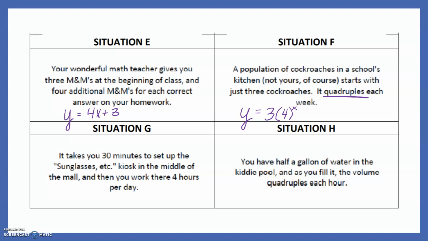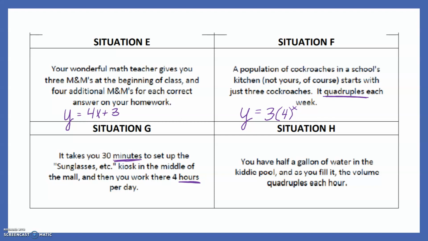Situation G. It takes you 30 minutes to set up the sunglasses kiosk in the middle of the mall, and then you work there 4 hours per day. One thing that you need to notice here is one measurement is in minutes and one measurement is in hours.